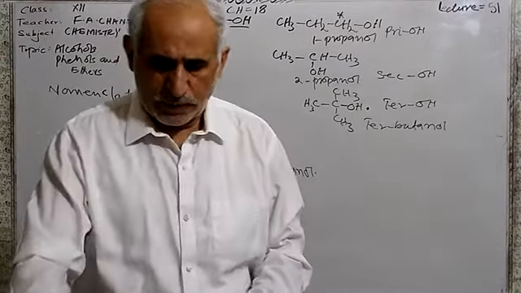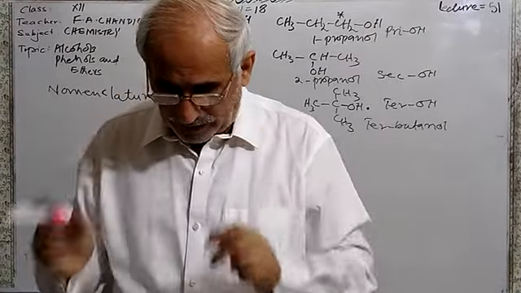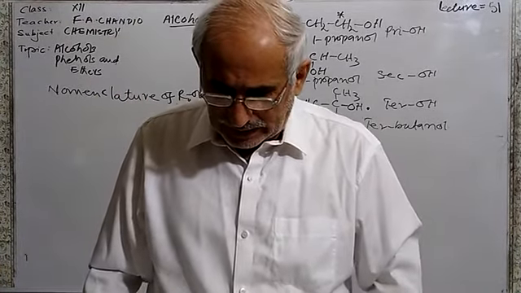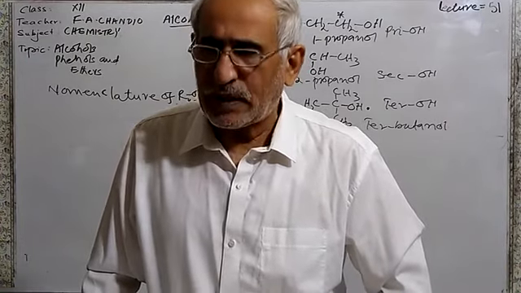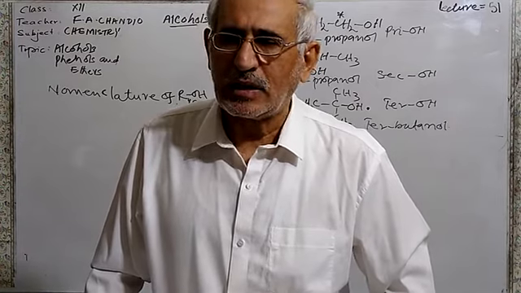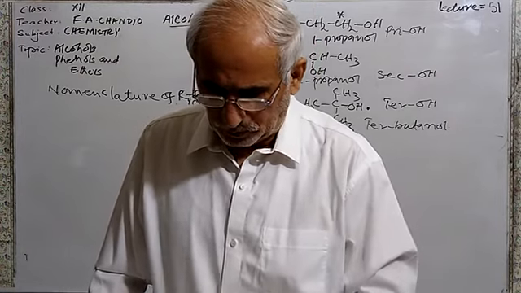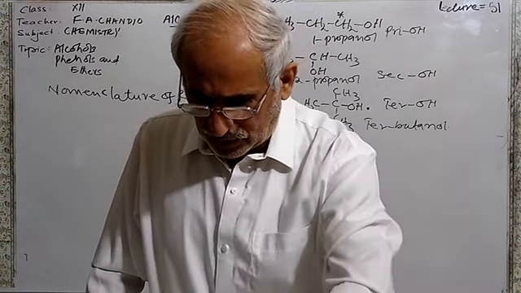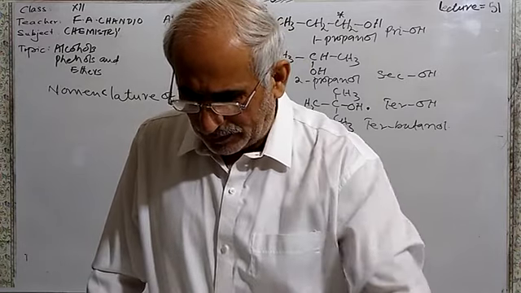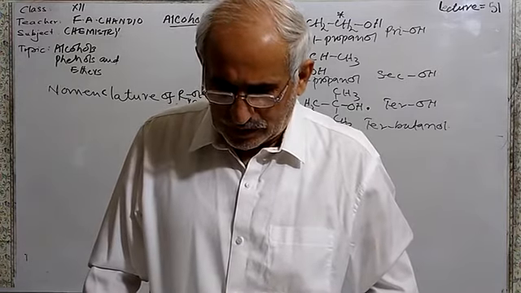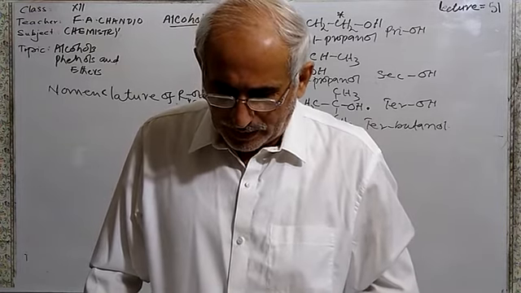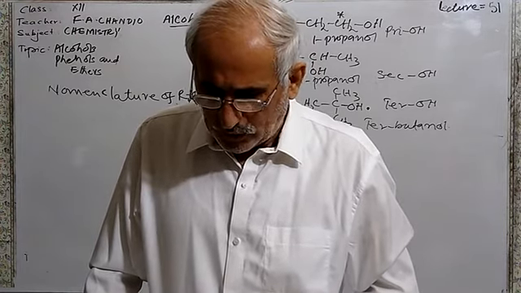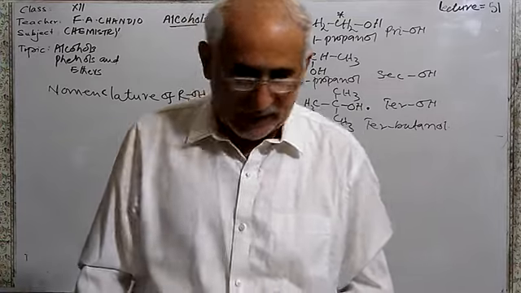So you have other points also. The ending e of the parent hydrocarbon is replaced by o. Alkane changes into alcohol. The position of the hydroxyl group is indicated by placing the number of the carbon atom to which OH is attached before the name of the alcohol. The carbon chain bearing the OH group is numbered beginning from that end.